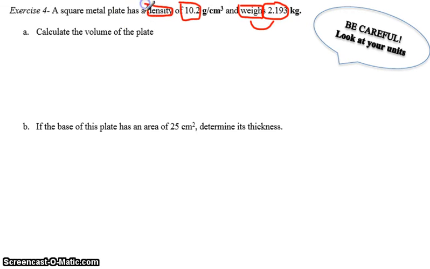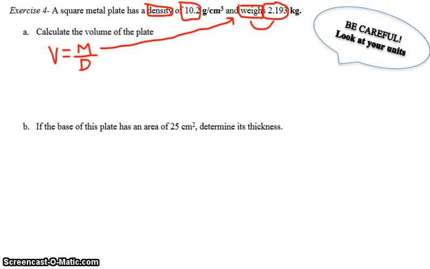And our first step is to calculate the volume of the plate. So, we know that volume is equal to mass over the density. We are given both of these. Remember, weighs, that is referring to your mass.